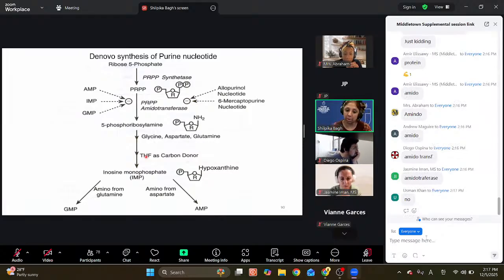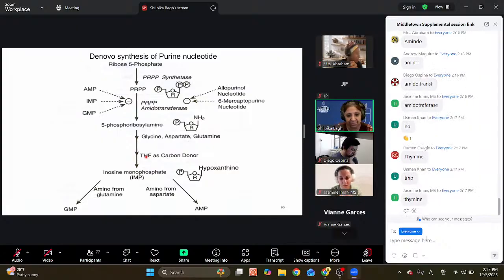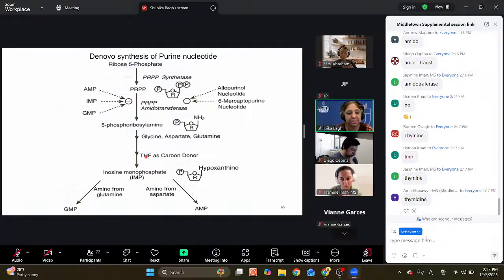No. But that doesn't mean folate is not essential for pyrimidine synthesis. Which pyrimidine synthesis I just taught you needs folate? Thymidine synthesis. So folate is not contributing to the pyrimidine ring, it's contributing to the purine ring, but that doesn't mean folate is not essential for pyrimidine synthesis. For thymidine synthesis, you need folate.